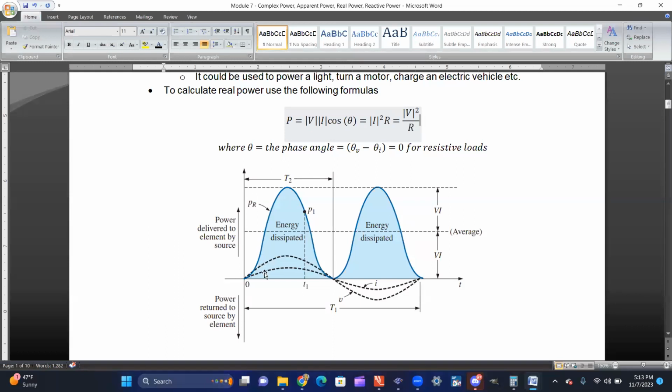And each time you multiply these two values together, even when it goes negative, because now you're going to have a negative voltage times a negative current, which is a positive value, your power always stays positive. So everything's positive whenever you are dealing with average power.